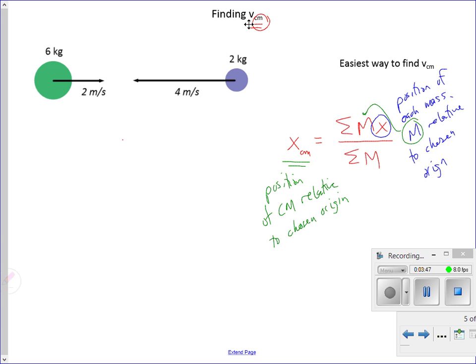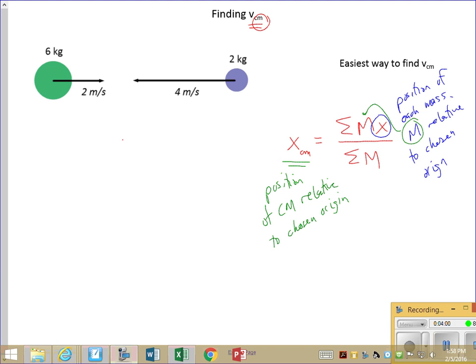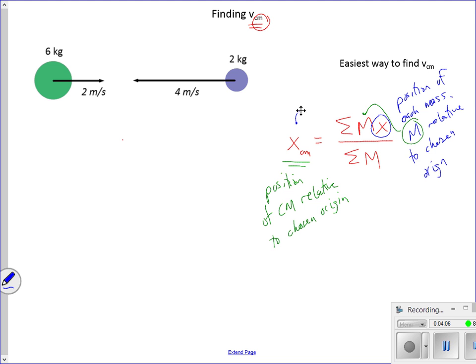If you're in my class, we spent some time with that previously, but what this can serve as is a jumping off point to show how we can derive an expression for the speed, or really the velocity, of the center of mass. If I want the position of the center of mass, that deals with the position of each mass.